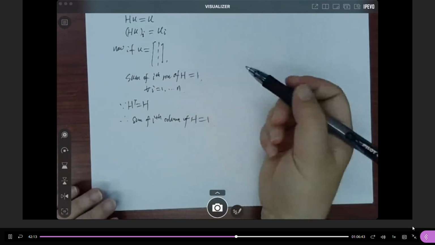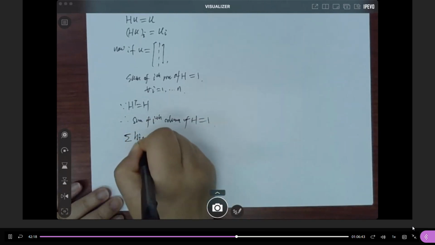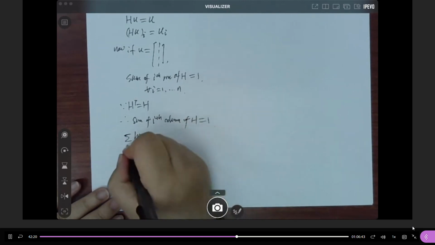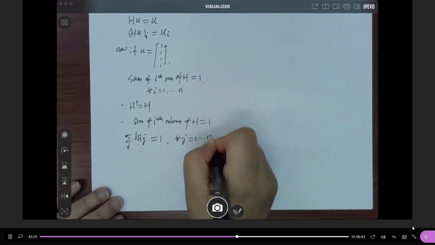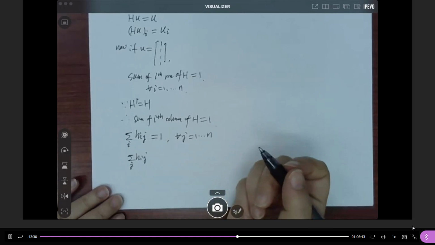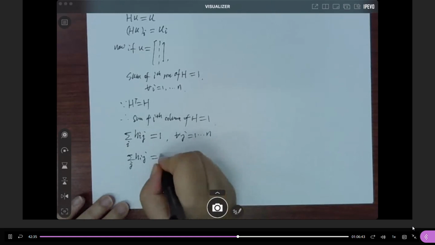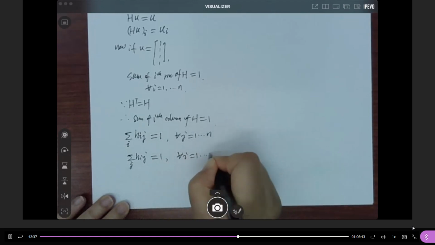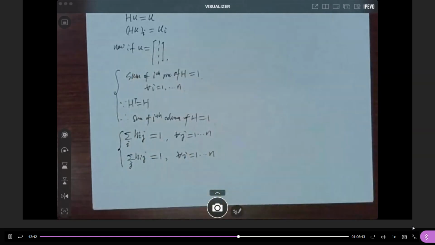So written in algebra form, you have the summation of Hij. If you sum over all the j, that is a row sum, so it equals 1 for all i equal to 1 to n. Okay, let's summarize this. If you sum over all the i, that means the columns sum to 1.